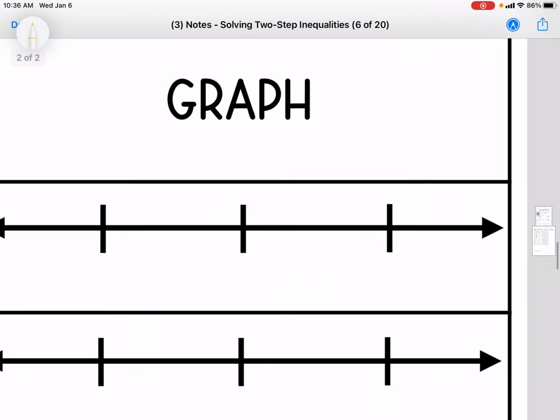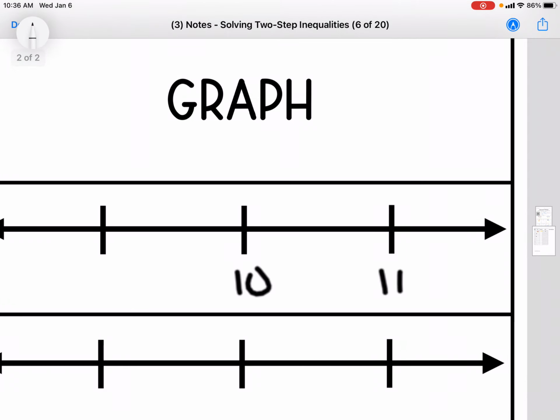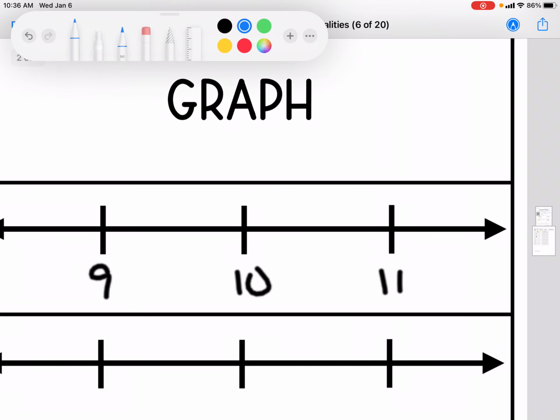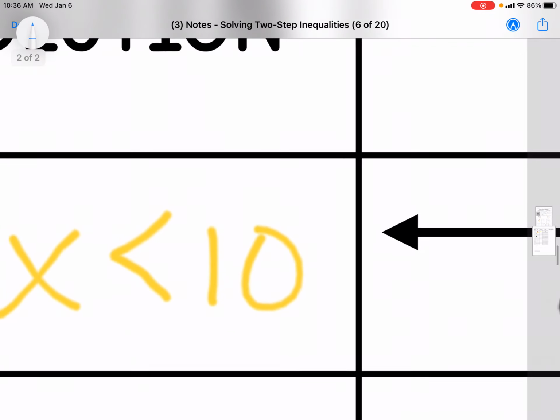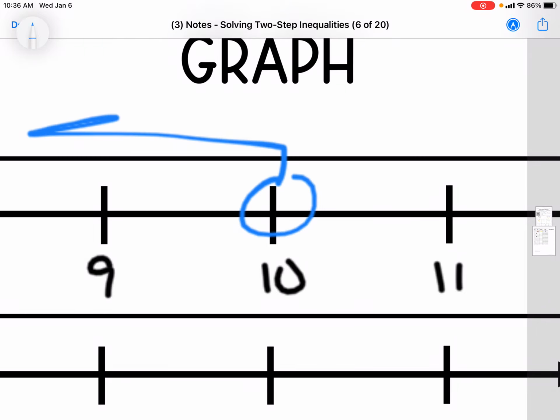So I'm going to go over here, put 10, 11, and 9. It was an open dot, no equal sign underneath, and x is less than. Less than goes to the left.